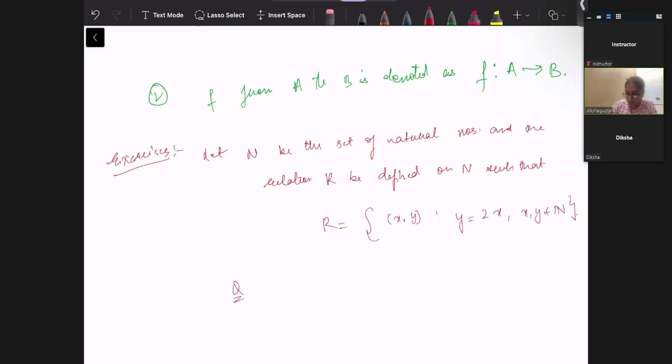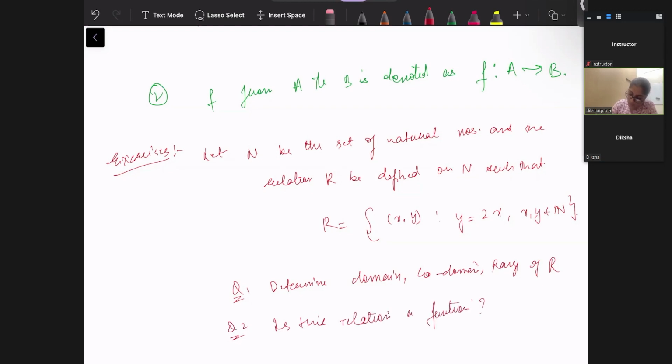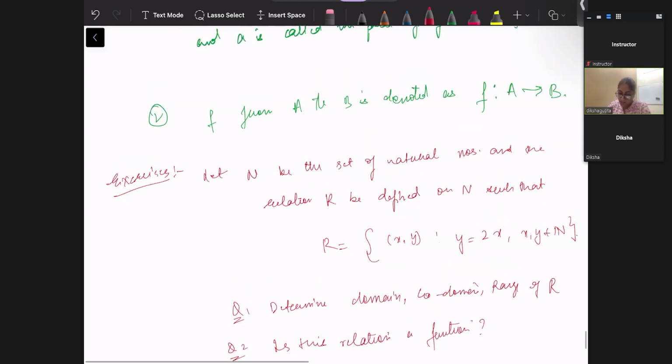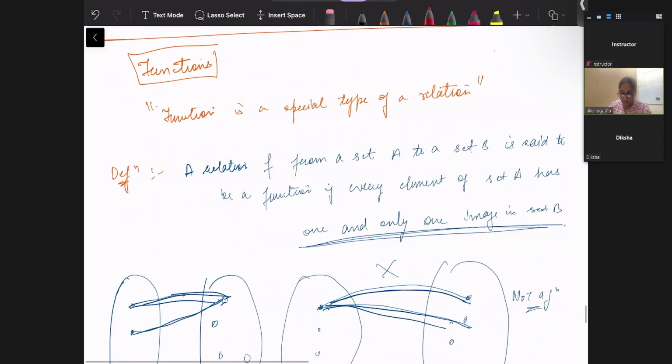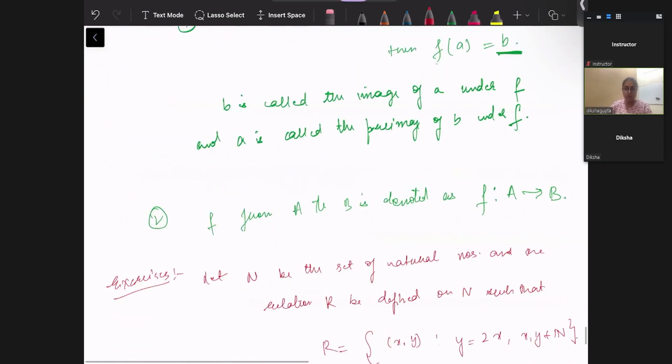The question is to determine the domain, codomain, and range of R. And the second question is: is this relation a function? For that, what do you have to determine? That each element has only and only one image. Okay? So try to do this.